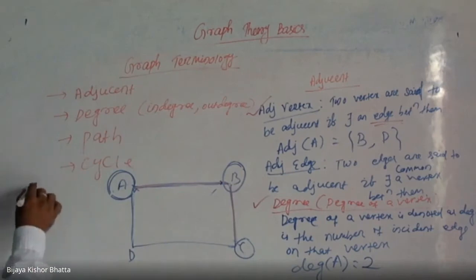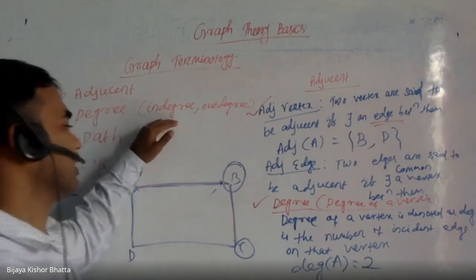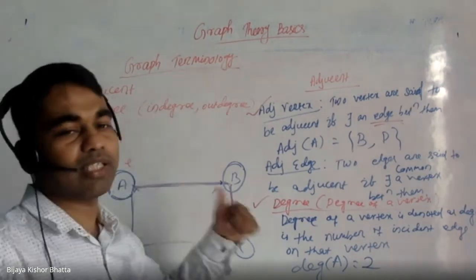In case of undirected you can calculate this way, but for a directed graph there is nothing like plain degree. There will be in degree and out degree. Degree is nothing but the sum.